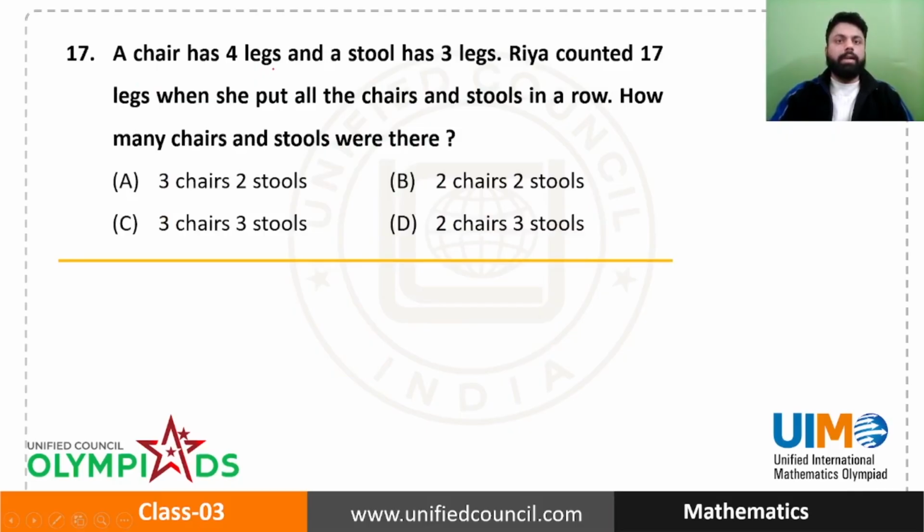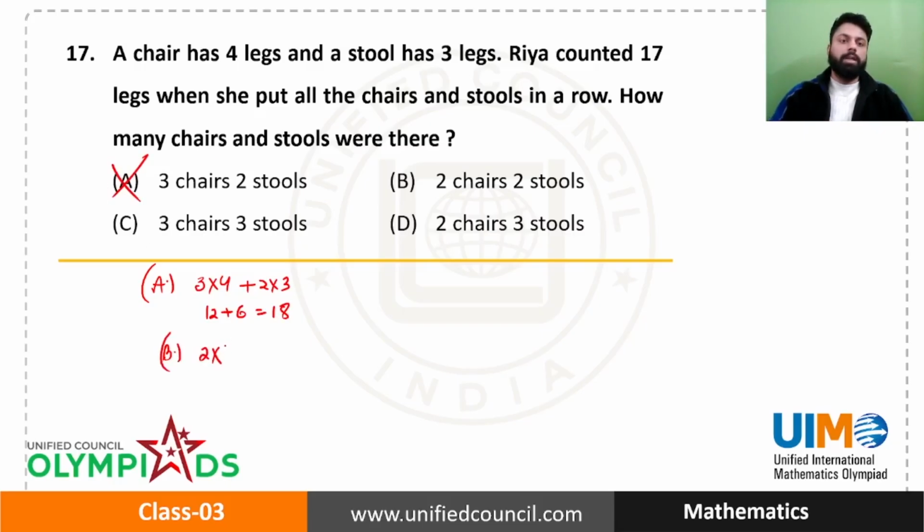A chair has 4 legs and a stool has 3 legs. Zia has counted 17 legs when she put all the chairs and stools in a row. How many chairs and stools were there in total? So according to A option, 3 multiplied by 4 for chairs and 2 multiplied by 3. This will be 12 plus 6, that is 18. Not the correct one.